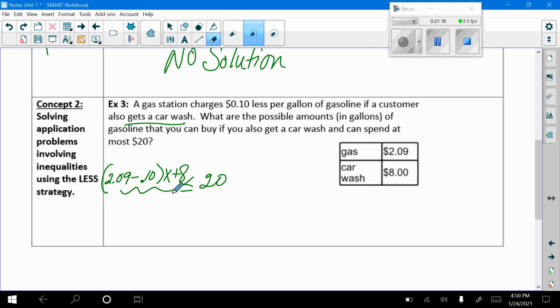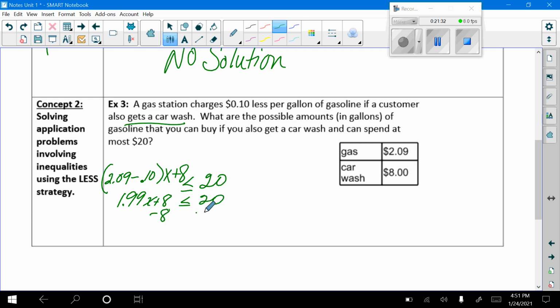And now I can solve it. So 2.09 minus 10 cents gives me $1.99. Plus 8 is less than or equal to 20. Take away 8, take away 8. So I get 1.99x is less than or equal to 12.